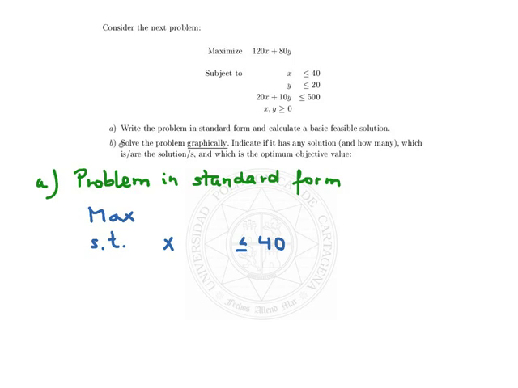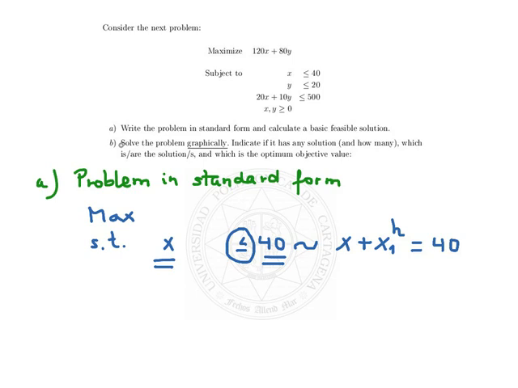To write it in standard form, we must transform this constraint into a constraint with the equal sign. So, as the part on the left is less or equal than the part on the right, I must add a slack variable to get an equality.